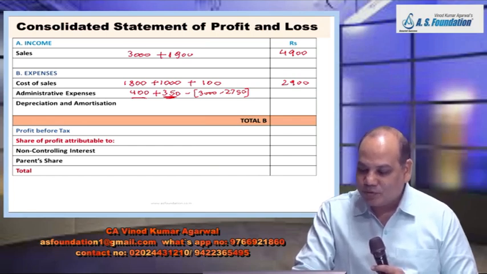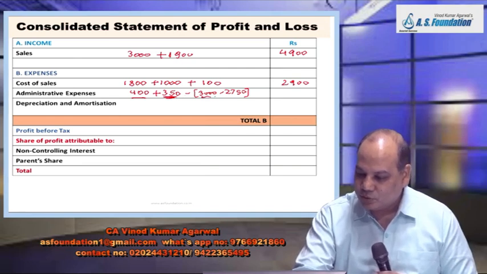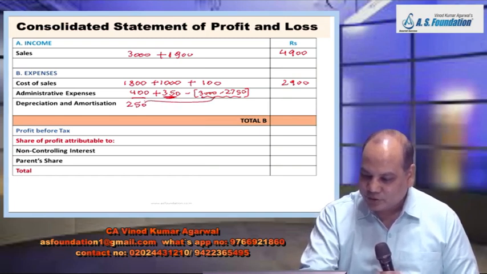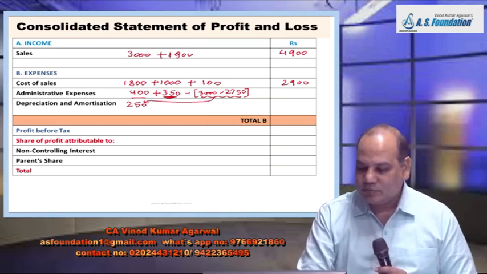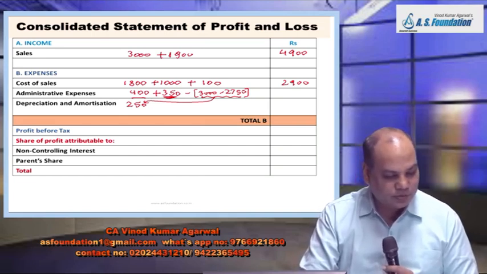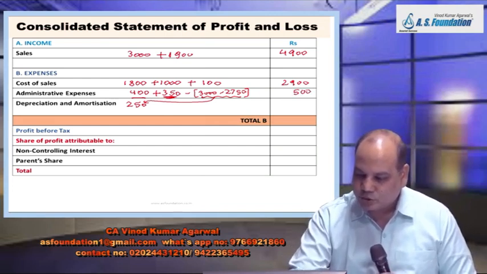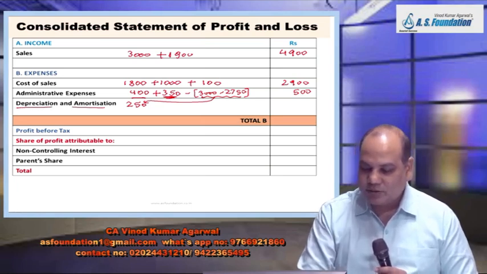Otherwise administration expense will become minus something. So ignore. And this depreciation 250 you write here. Just remove it from here and write here. So how much is administration expense? 400 plus 350 minus 250, 500.